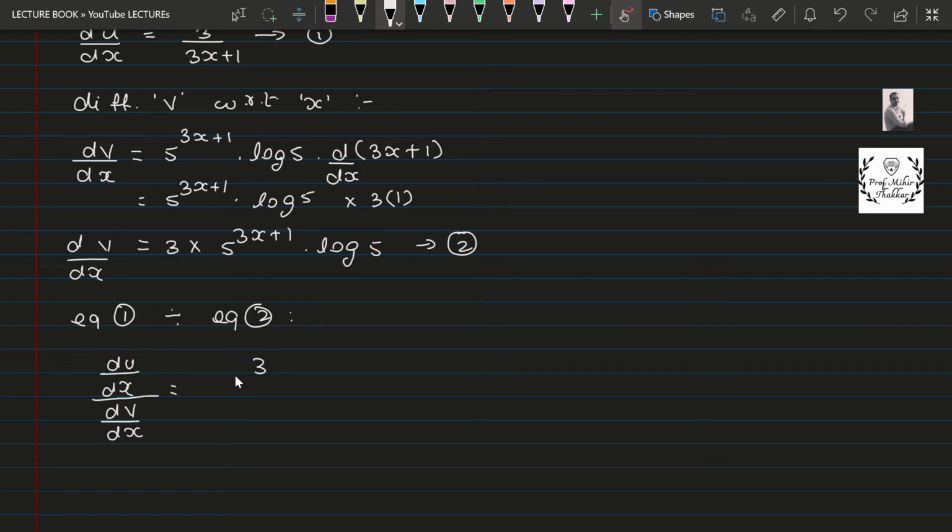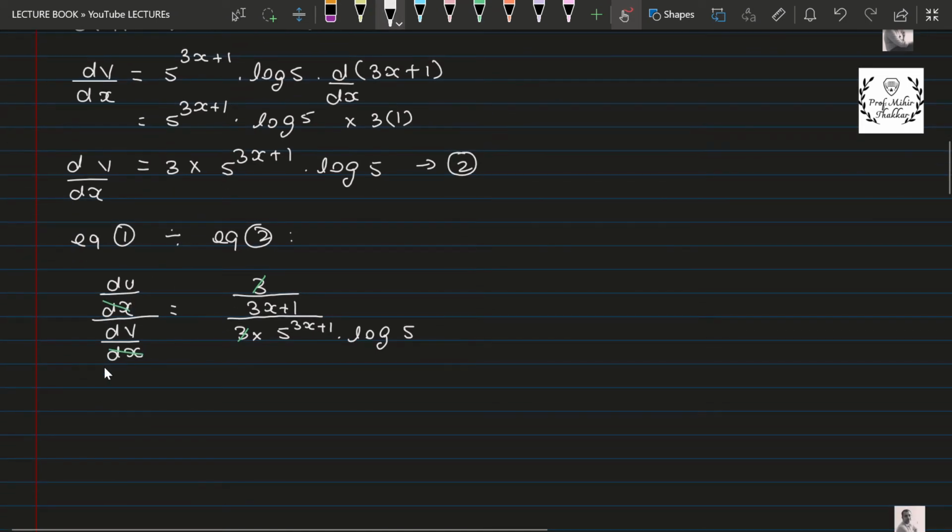It is 3 upon 3x plus 1 divided by 3 into 5 to the power 3x plus 1 multiplied by log 5. Now over here dx and dx will get cancelled, as well as 3 and 3 will get cancelled. So what are we left with on the left hand side over here? It is just du upon dv.